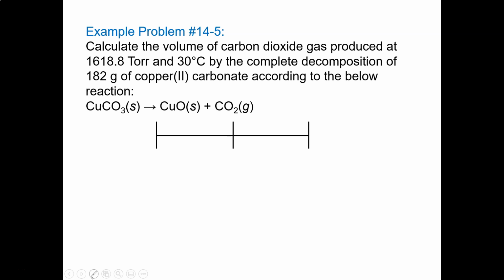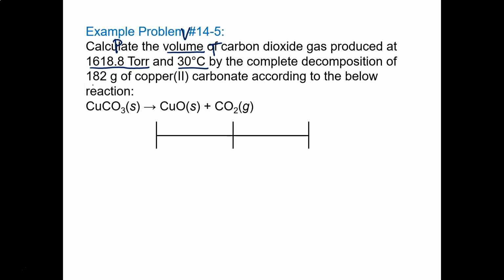So calculate, I'm reading the question that says calculate the volume of carbon dioxide gas produced at this much pressure and 30 degrees Celsius by the complete decomposition of 182 gram of copper carbonate according to the below reaction.